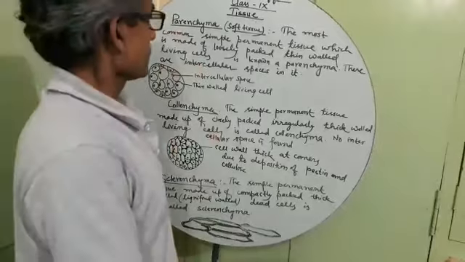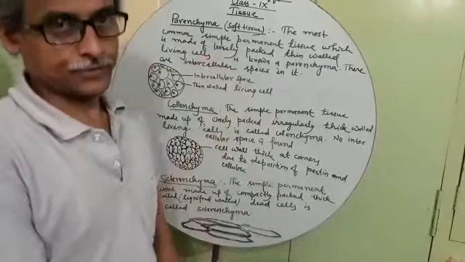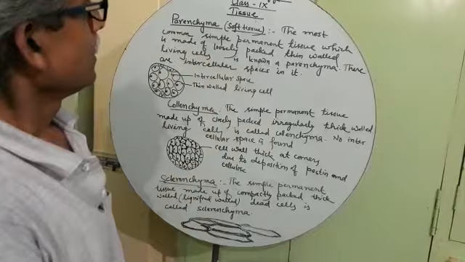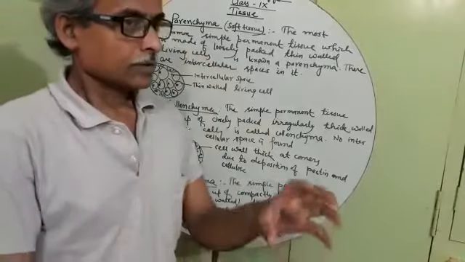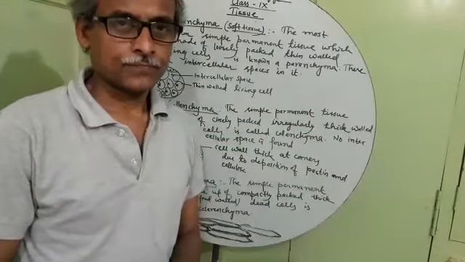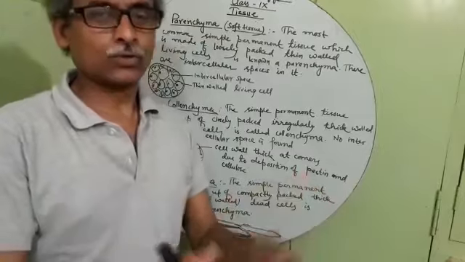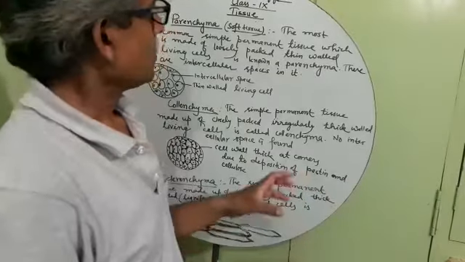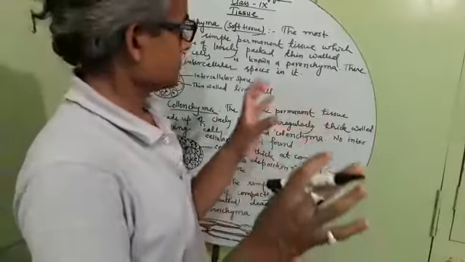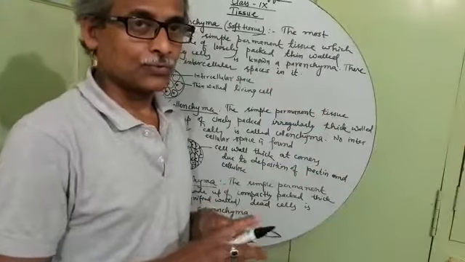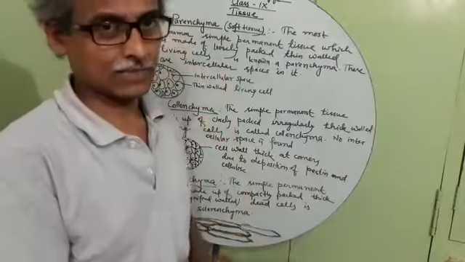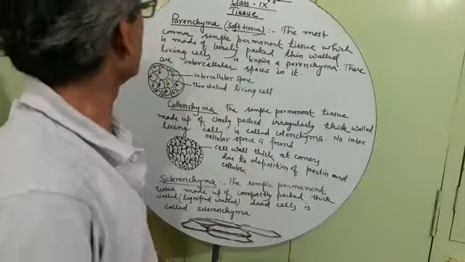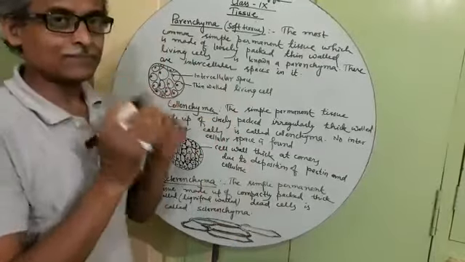Parenchyma is soft tissue, made of oval shaped or irregular shaped cells which have thin cell wall and are loosely packed.